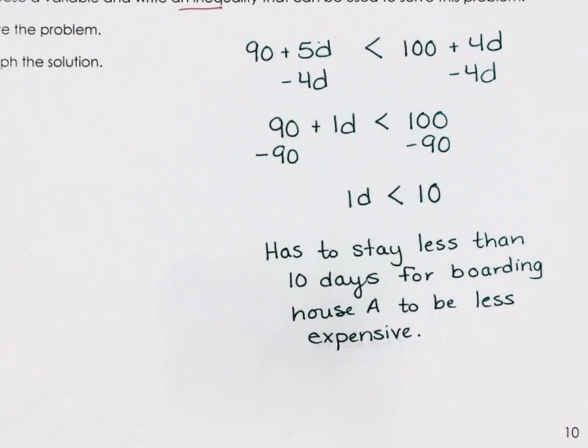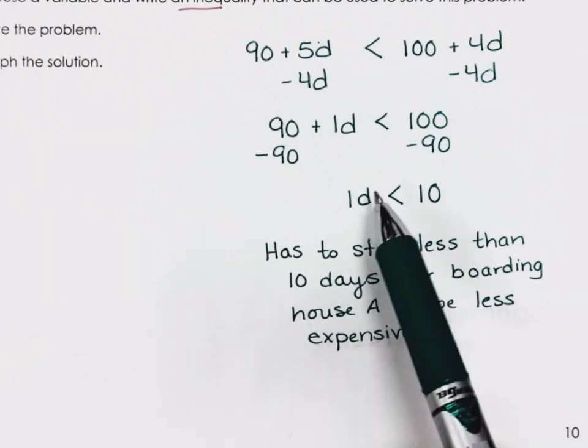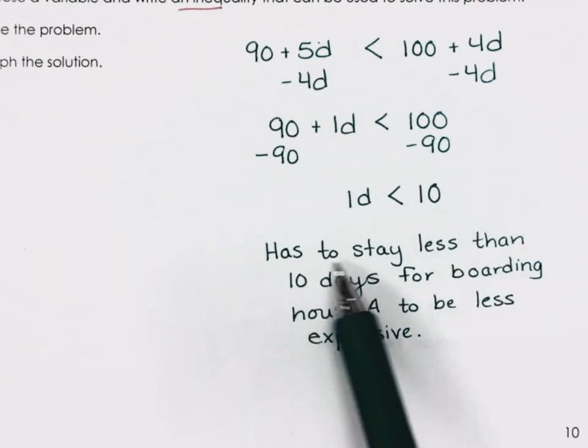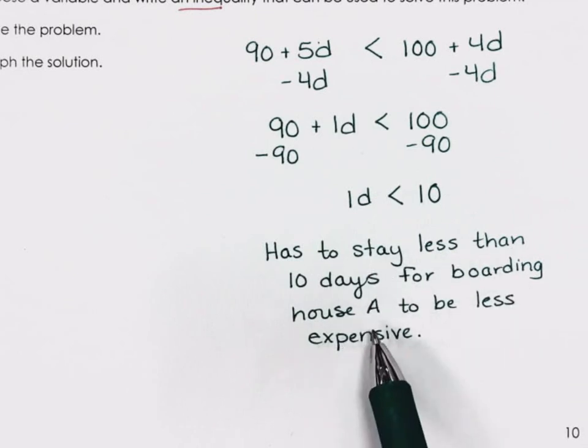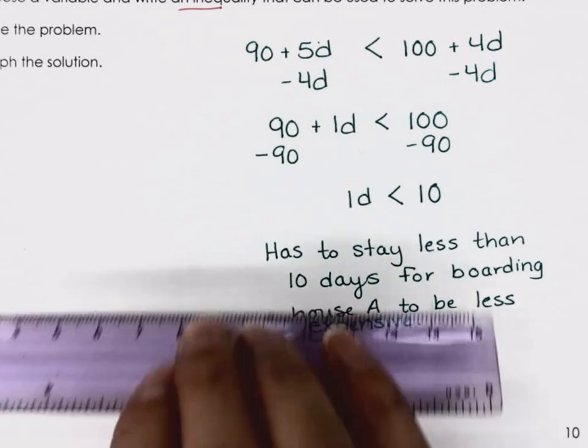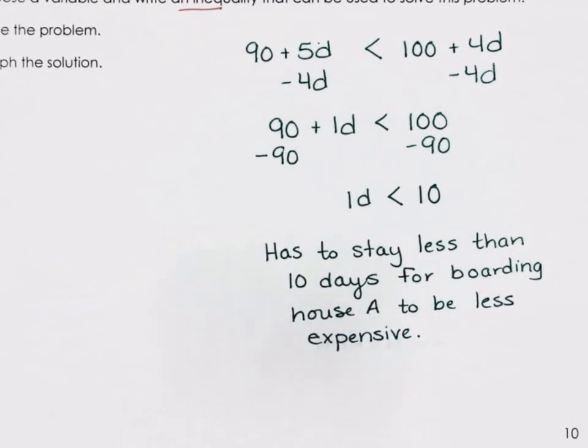I apologize. So because D has to be less than 10, it just means I have to board Quince for less than 10 days for boarding house A to be the least expensive. And graphing the solution just means we're going to put it on a number line. I'll wait till you guys get that copied down.